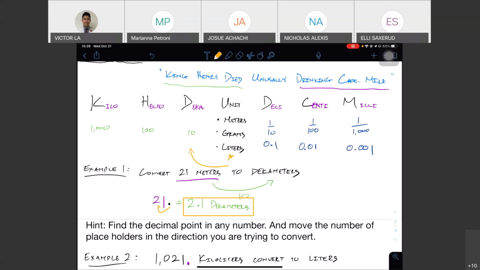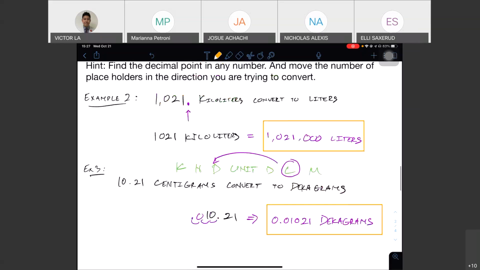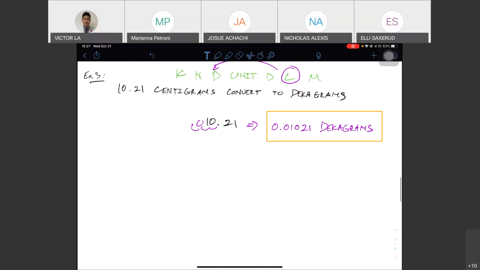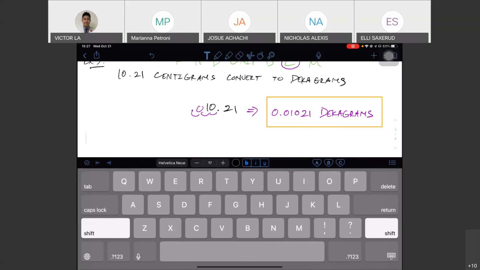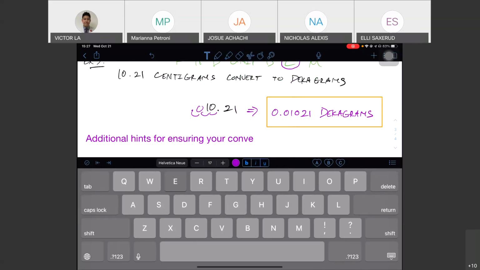So how can you use this to your advantage to make sure you're on the right track to answer the question? Well, here are additional hints for ensuring your conversion is correct.